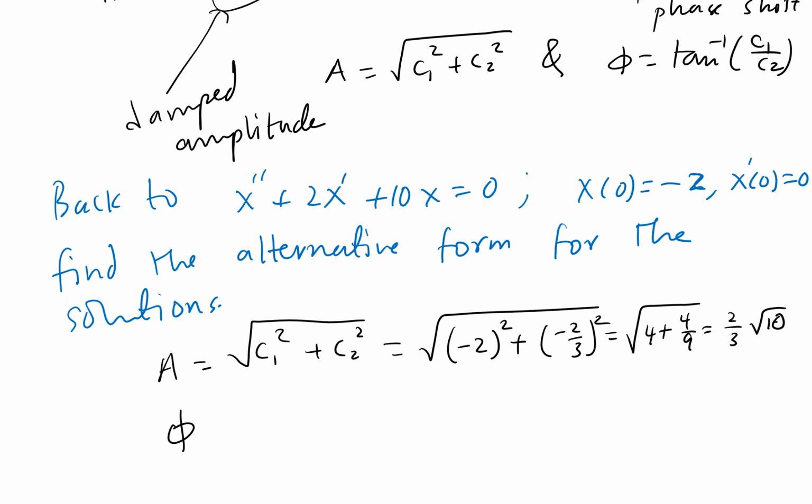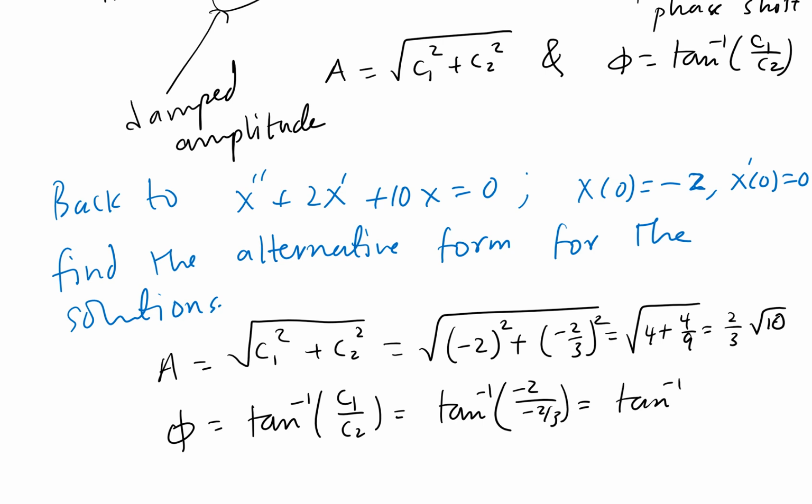To find phi, you do tan inverse of c1 over c2. Tan inverse of negative 2 over negative 2/3, which is tan inverse of 3. If you put it in the calculator, I got 1.249 radians.